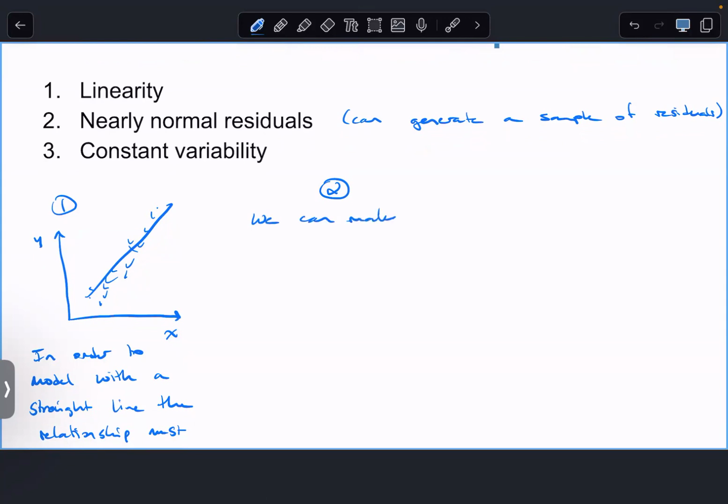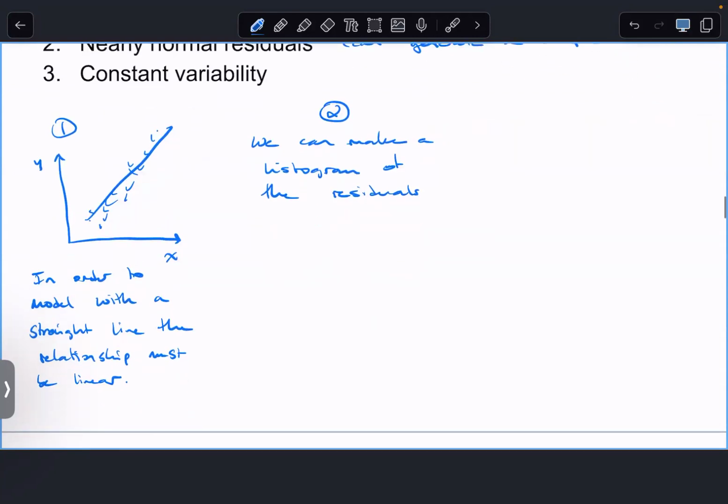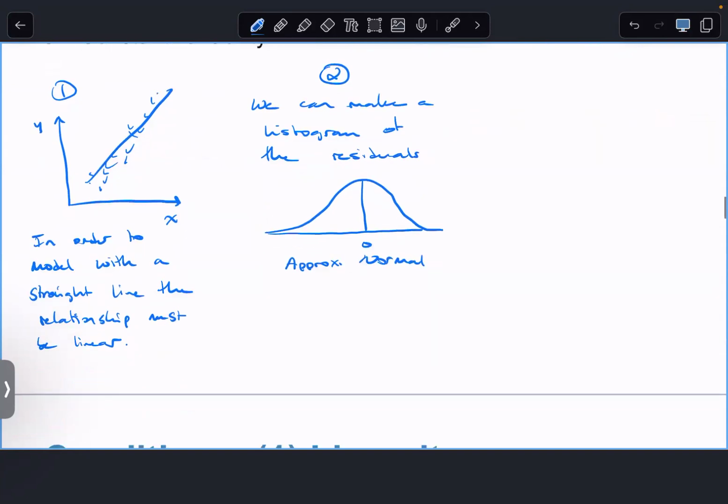We can make a histogram of the residuals. And it should be approximately normal, centered on 0.